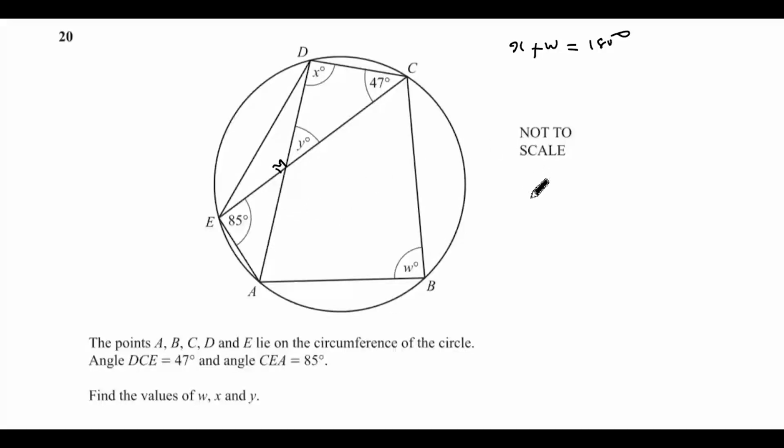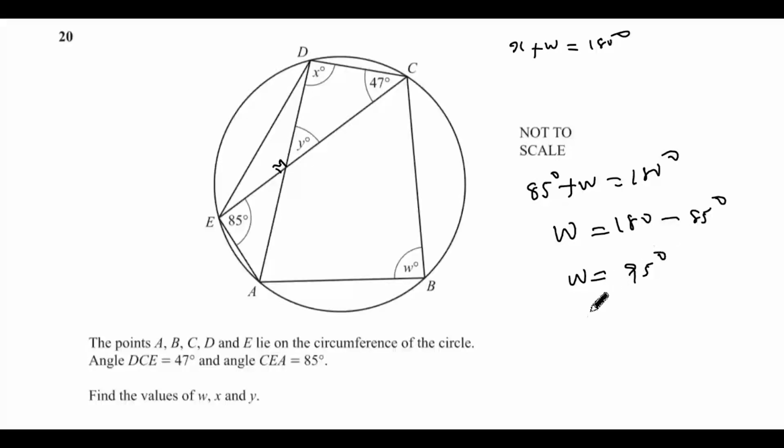So I can say 85 degrees plus W equals 180 degrees, and I can get the value of W. That will be 180 degrees minus 85 degrees, so W equals 95 degrees. Since you know W, you can get X from what you deduced earlier.